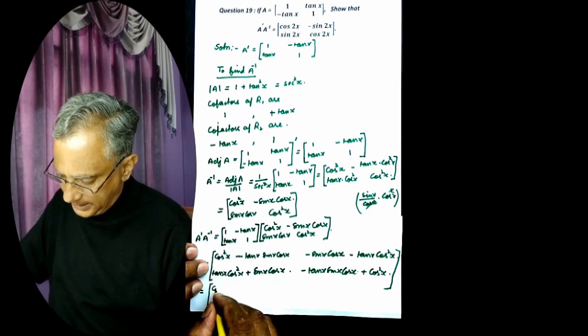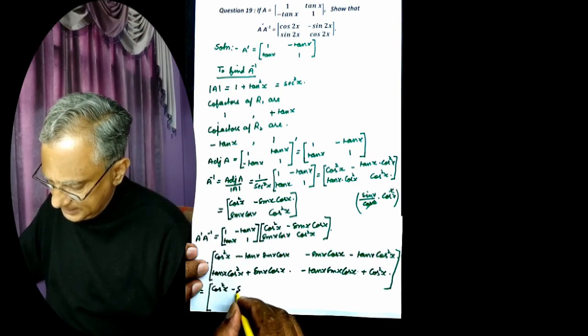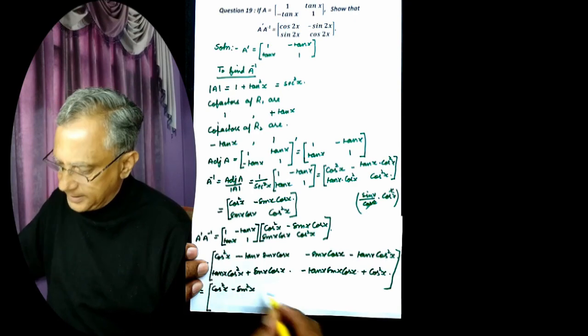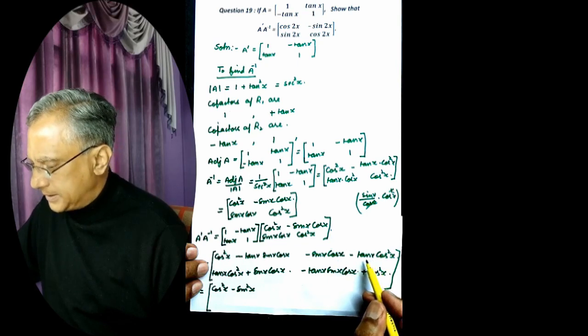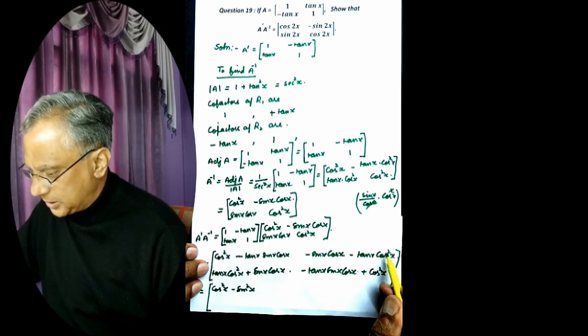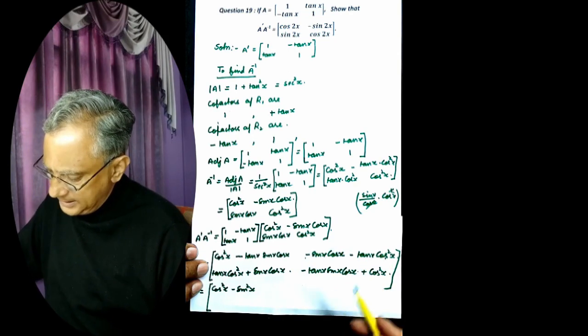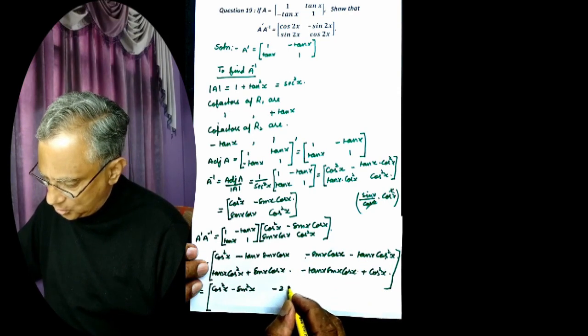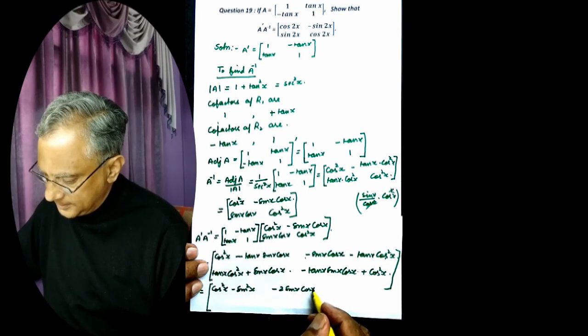So what we get here is cos square x minus sin square x. This will be minus sin x cos x. This will be sin x over cos x. Cos cancels, we get minus sin x cos x. So what we get is minus 2 sin x cos x.